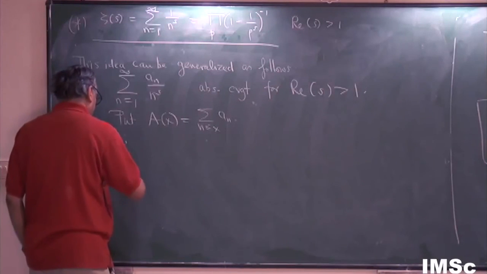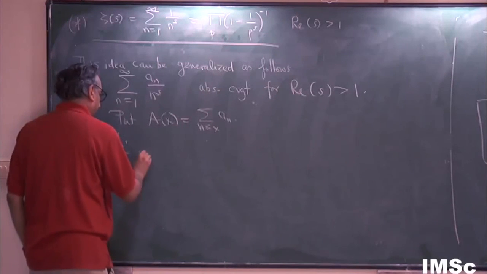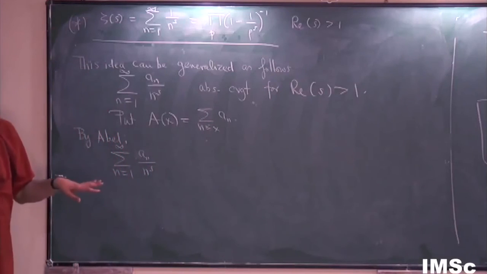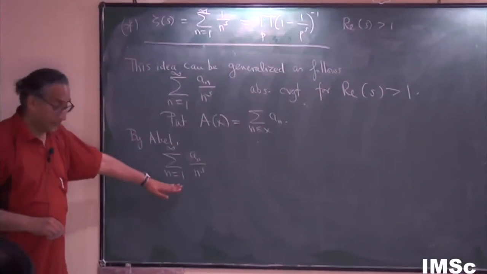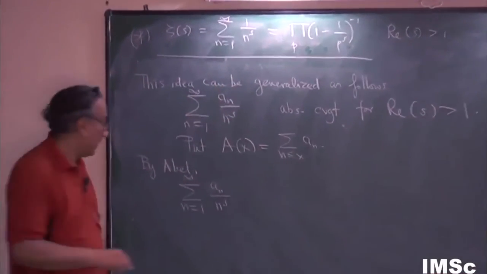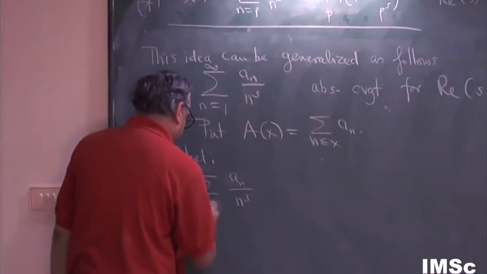The summation n going from 1 to infinity of a sub n over n to the s. Now I'm just going to skip a step because I just did it already. I should do n less than x and take the limit as x goes to infinity. Okay, let's do that. Let me not jump the gun.